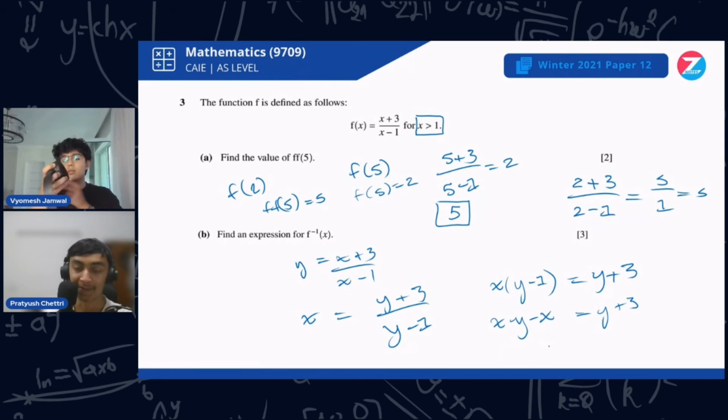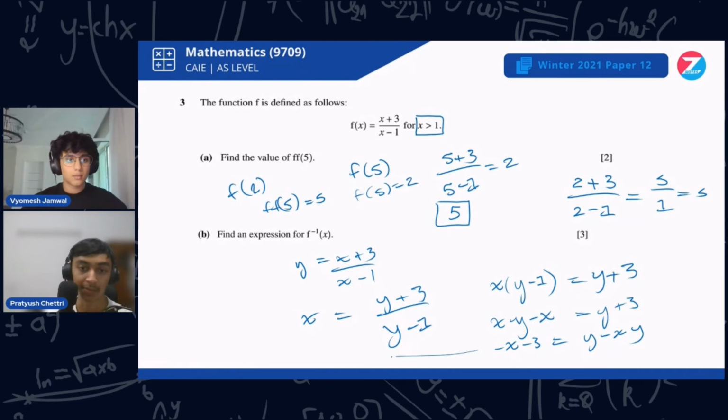Get the y's on one side. Minus x minus 3 equals y minus xy. Get the common factor. I'll just move that over there because I don't have space. Y times 1 minus x equals minus x minus 3.